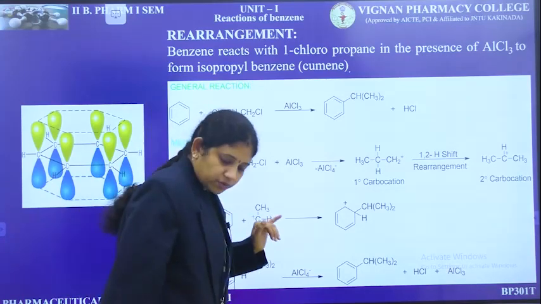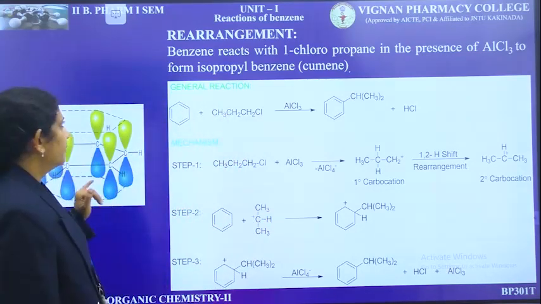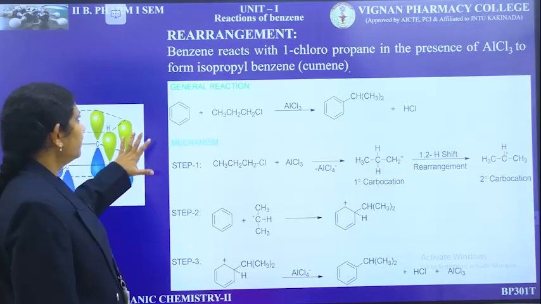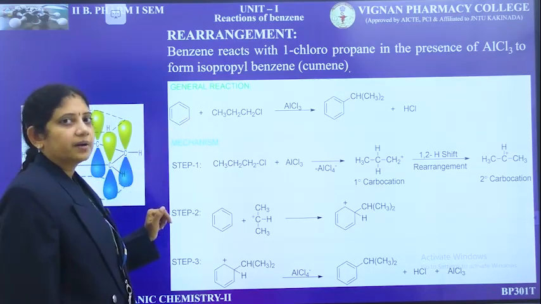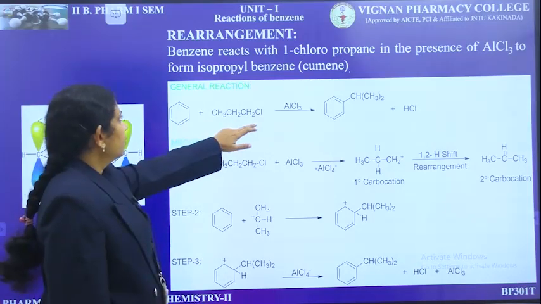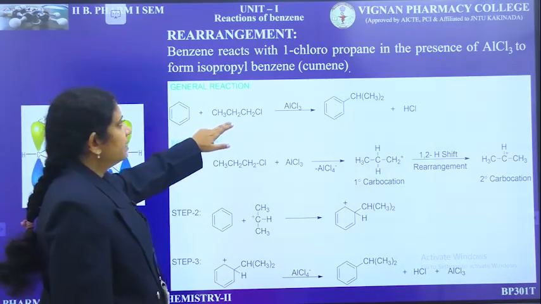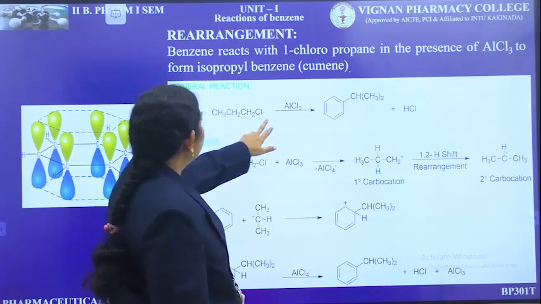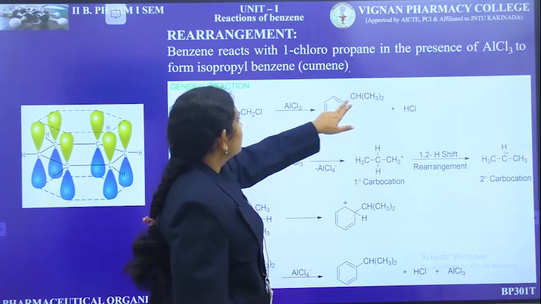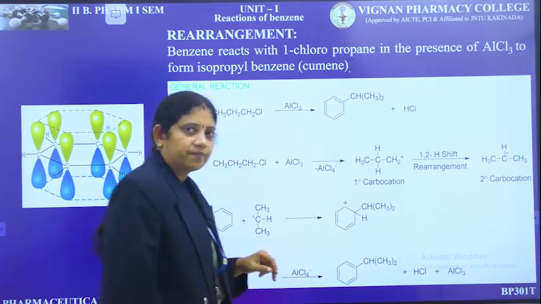So now we will discuss the rearrangement in benzene. For example, when benzene is treated with 1-chloropropane in the presence of aluminum chloride, it converts into isopropyl benzene.